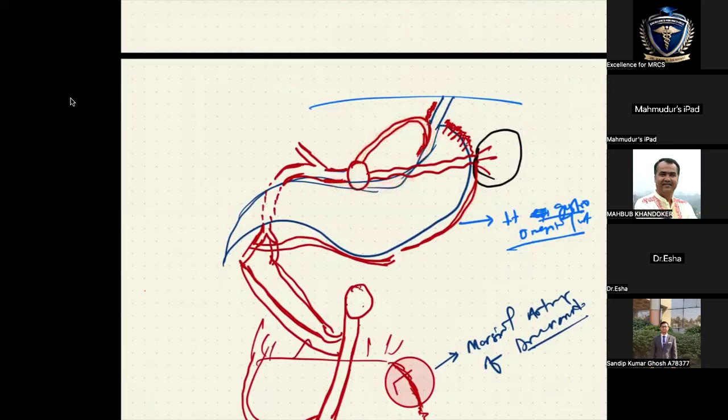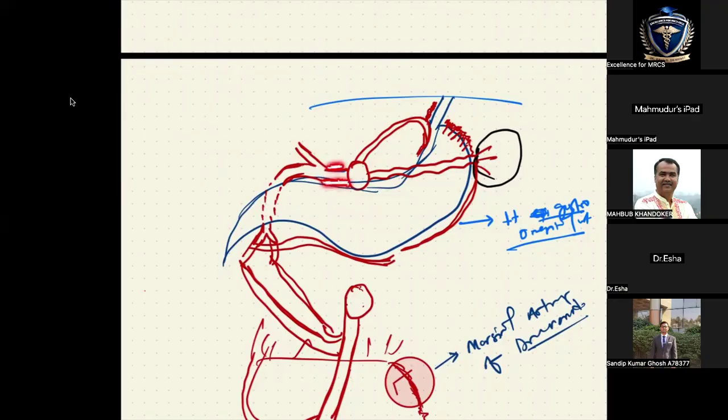The right gastric artery has a few different origins. It may come directly from this structure, or sometimes it shows anatomical variation. Sometimes it comes from the hepatic artery proper. It might come from this structure, which is known as the common hepatic artery.